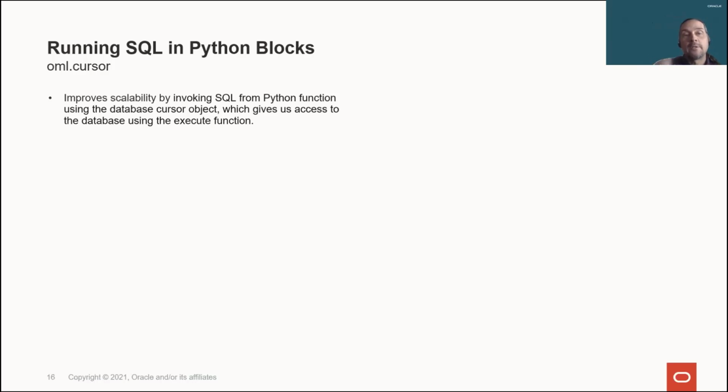So that's what we're doing. In order to make that happen, we had to use what's called the OML.Cursor command. What we found is having OML Cursor is so much more helpful for our processes, because rather than having a Python block and then a SQL block and then a PL/SQL block and bouncing back and forth between the different blocks, we can actually use OML Cursor to embed the SQL in our Python block.